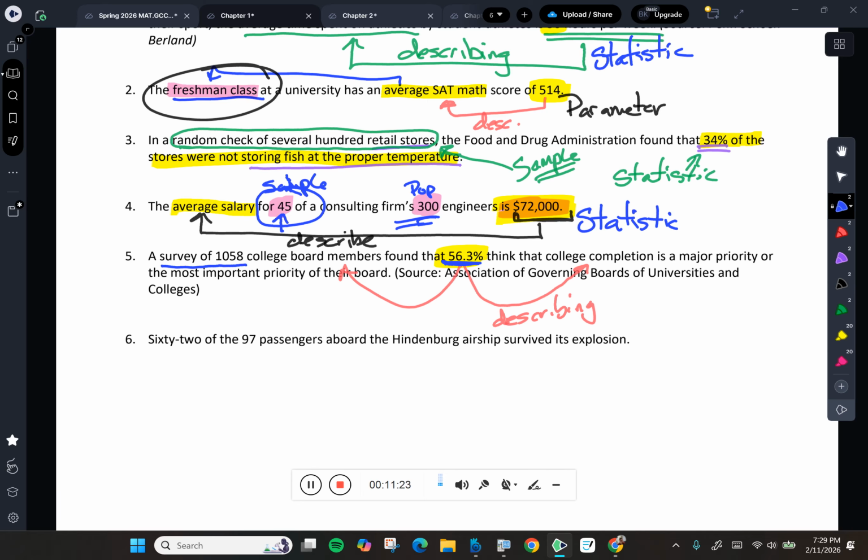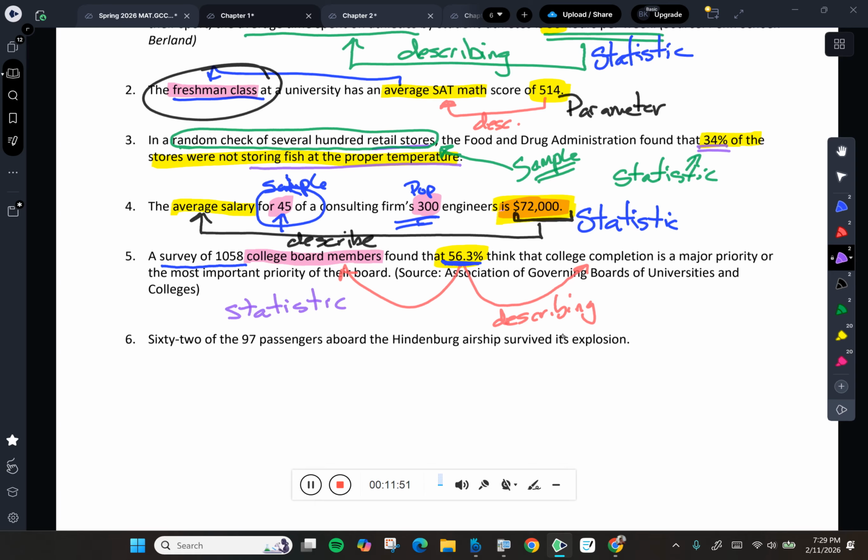Now, I'm going to be honest with you. I have no clue how many College Board members there are. So I don't know whether 1,058 is some of them or all of them. And since I can't tell, the safest thing to say is call it a statistic unless you know it's a parameter, right?